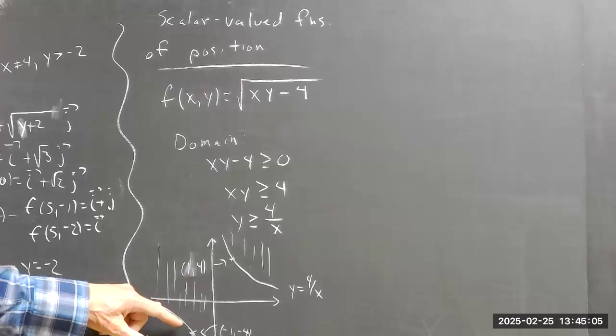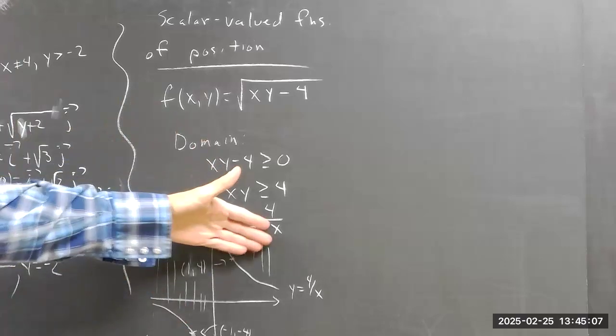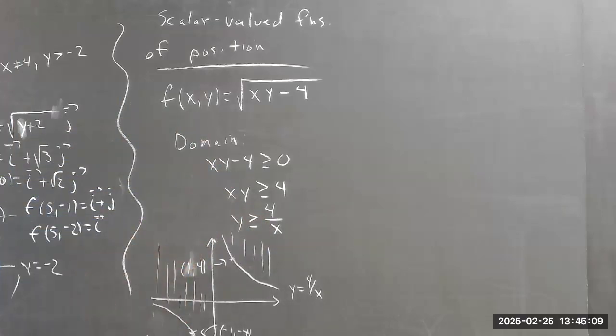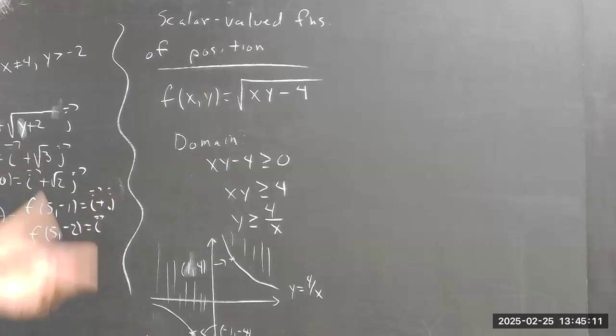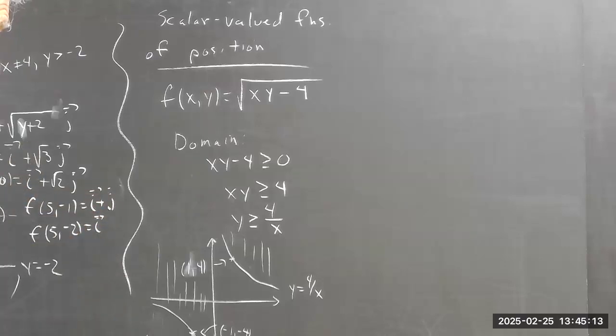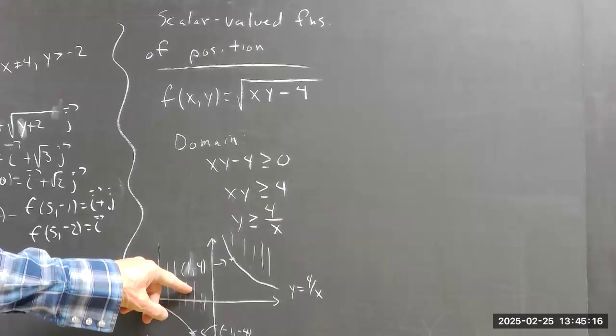Now, why does it work where this thing isn't symmetric? This domain isn't symmetric. Think about the numbers. Let's take a number over here, like the point negative 1, 1.